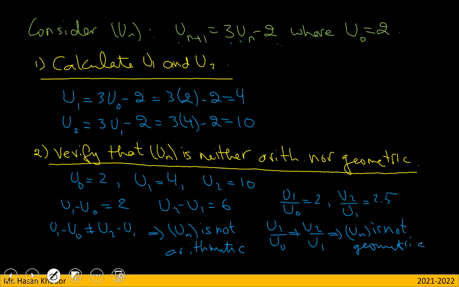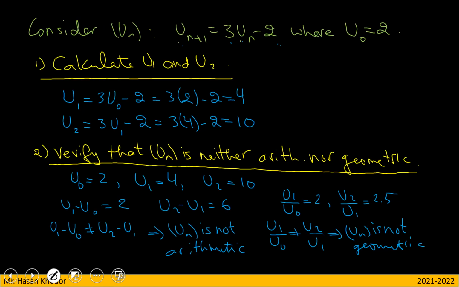Now, there is a solution. What is the solution? In the question, we give you a new sequence. It's called a helping sequence. For example, here we have a new sequence, Vn. Consider this is part 3.